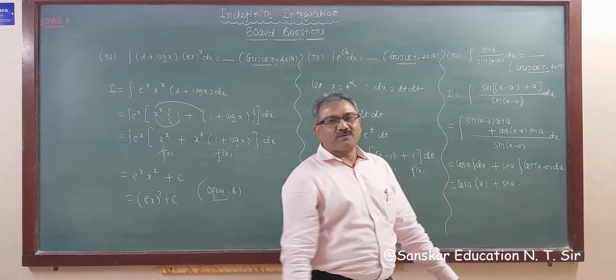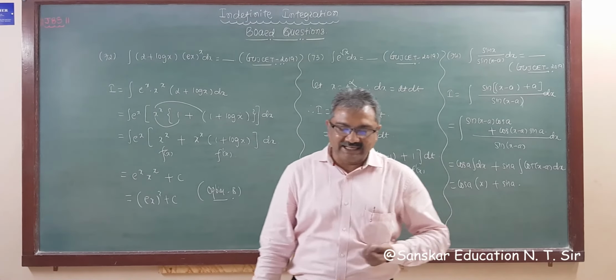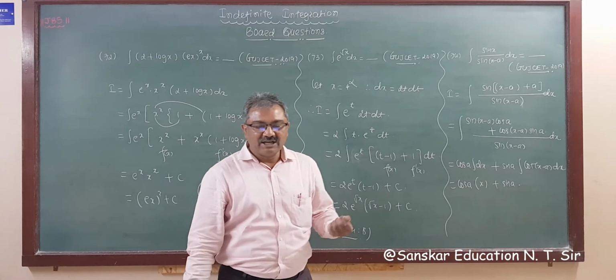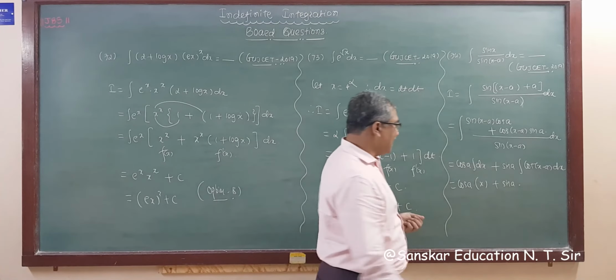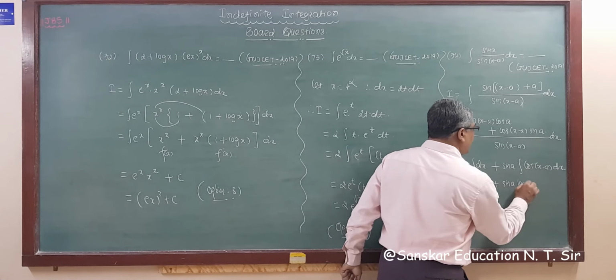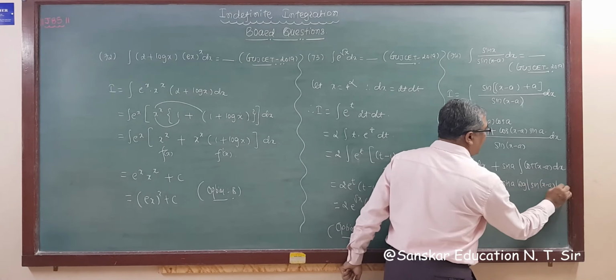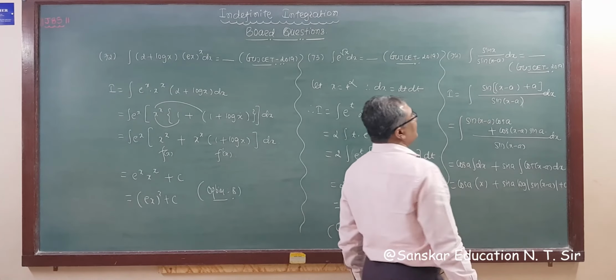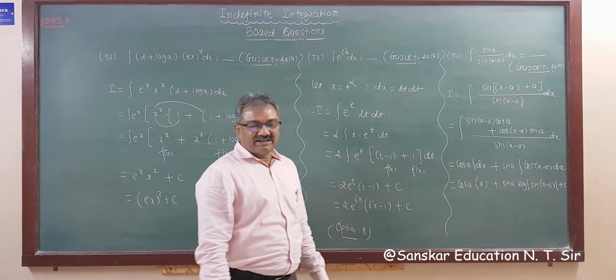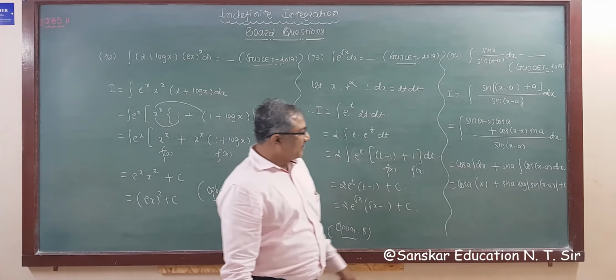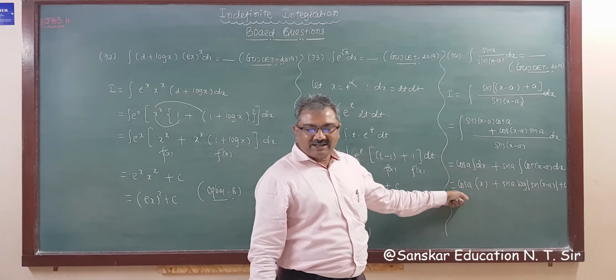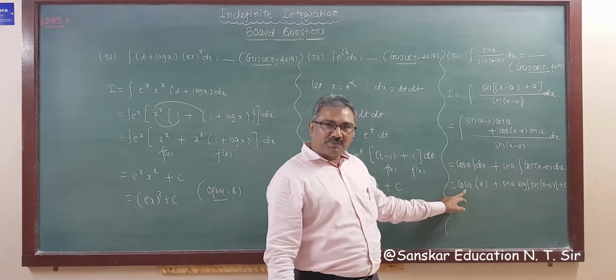And integration of cot x is log mod sin x. So the answer will be cos a times x plus sin a log mod sin of x minus a plus c. Right? Now according to your answer, it is given that px, so this is your p.